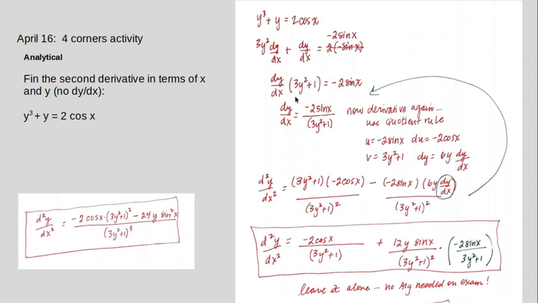I totally understand what you guys did. You took the derivative, you swung this dx up here, and then you took a second derivative here, and you took a second derivative of there, and then you just kind of swung your dx back down. Unfortunately, I guess that's not the way it works.